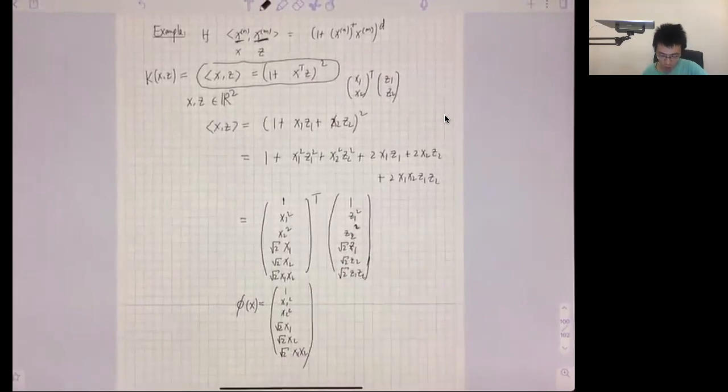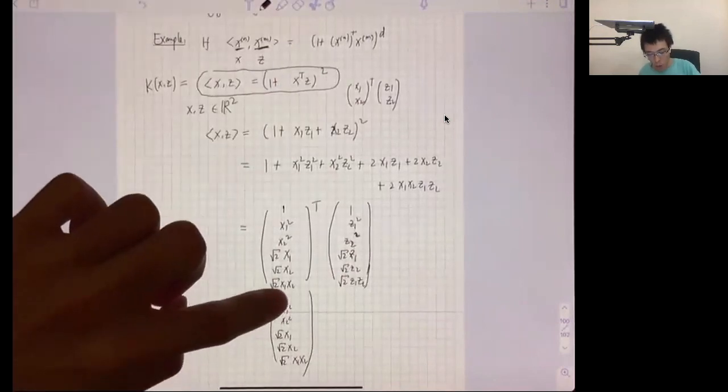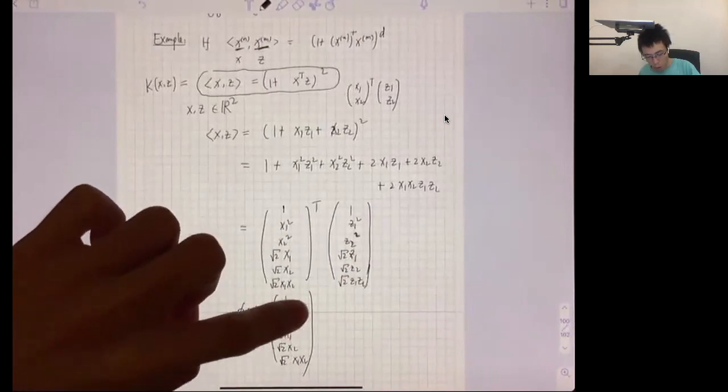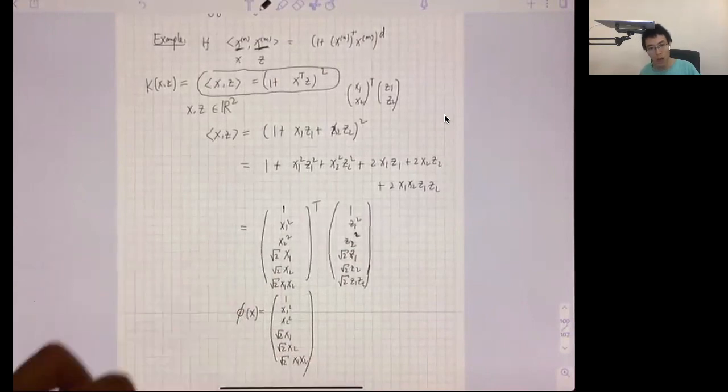So something like this. So I'm implicitly transforming my data features in the x1, x2 space into 1, x1 squared, x2 squared, then some factor x1, some factor x2, some factor x1 x2. Now you include quadratic features, right?